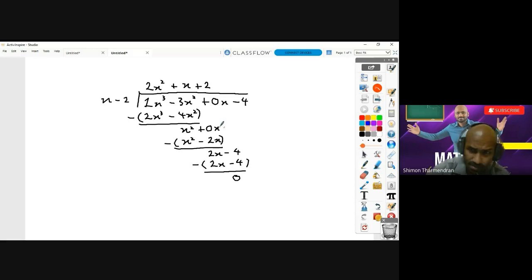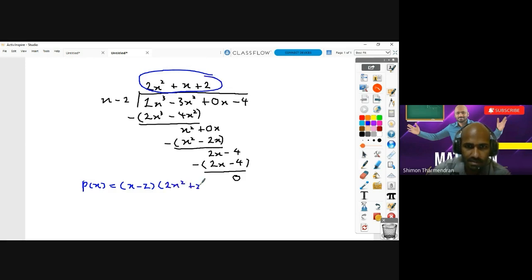So since it's a factor, we can say now that P(x) equals x minus 2 multiplied by the quotient, this guy up here, 2x squared plus x plus 2.